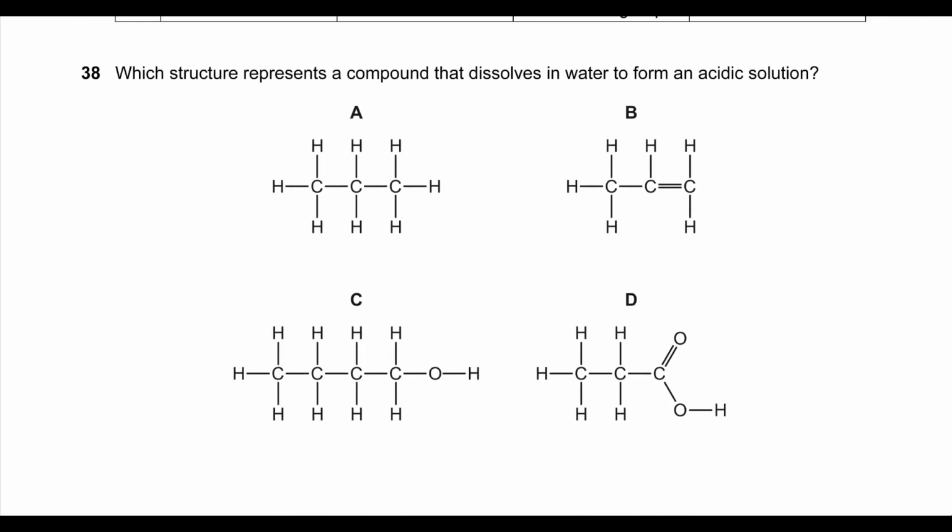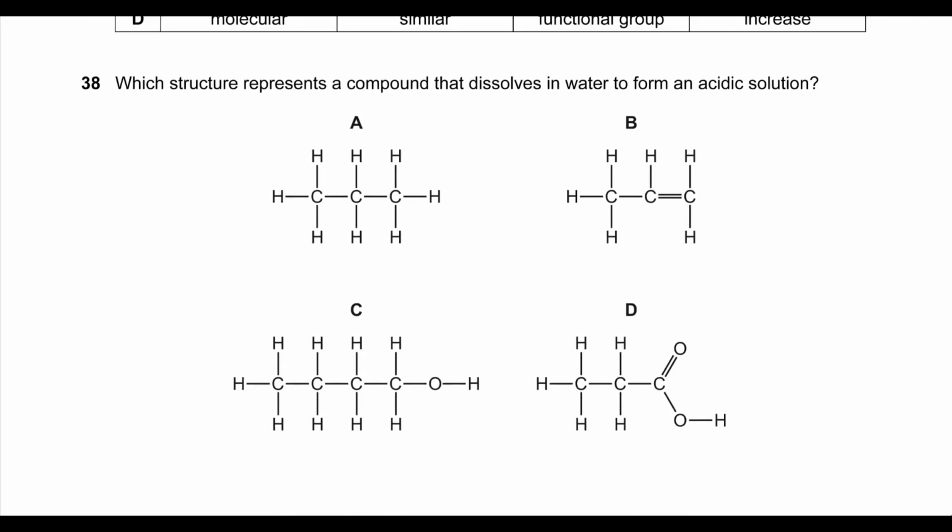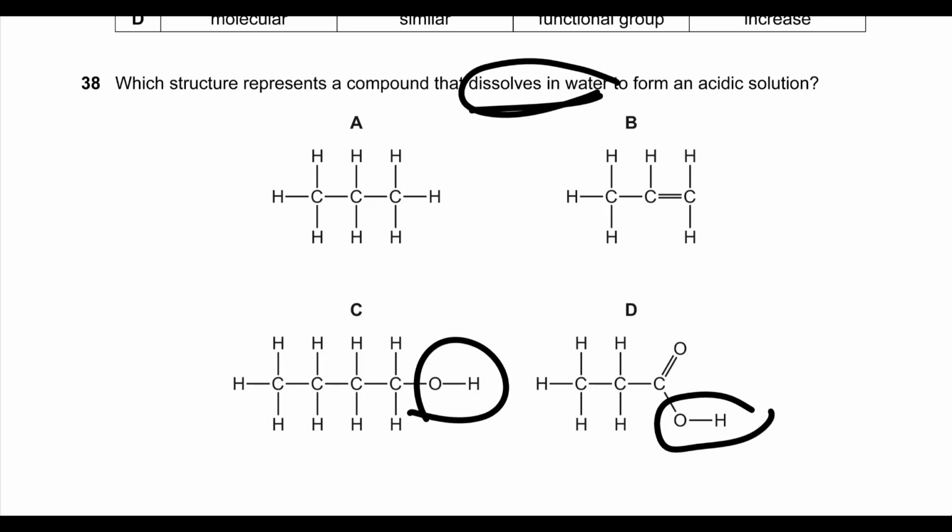This is a question about the functional group. Which structure represents a compound that dissolves in water to form an acidic solution? First of all, you need to know the compounds which are soluble in water. The compounds that have OH will form hydrogen bonds with the water, so they may dissolve.